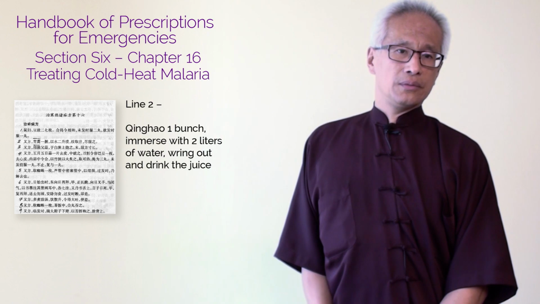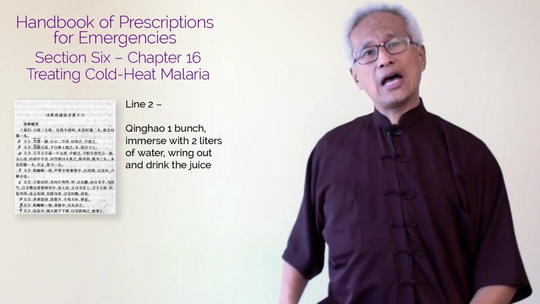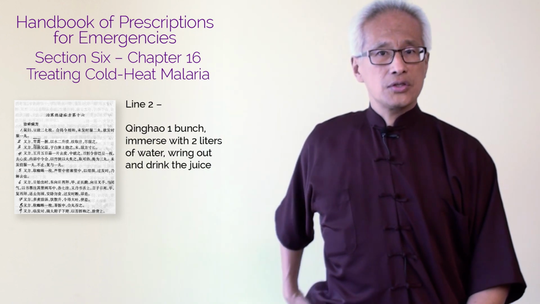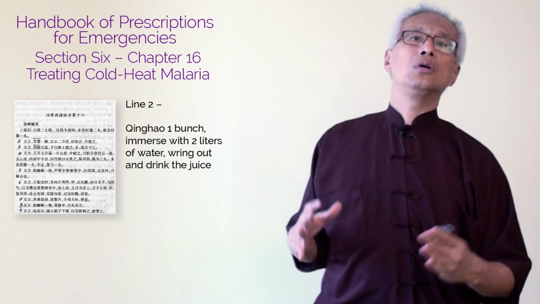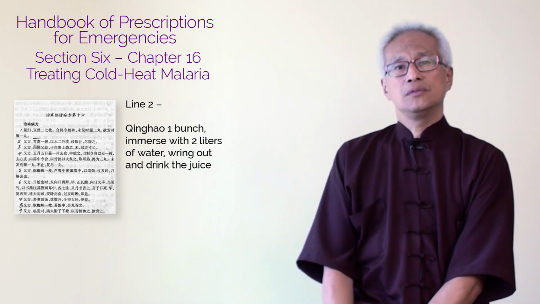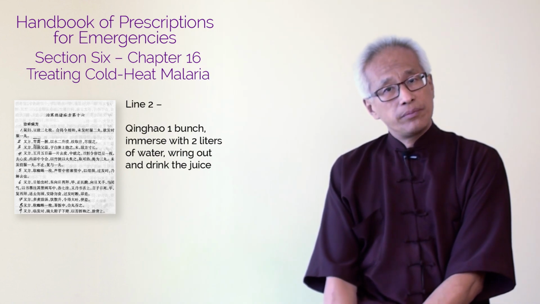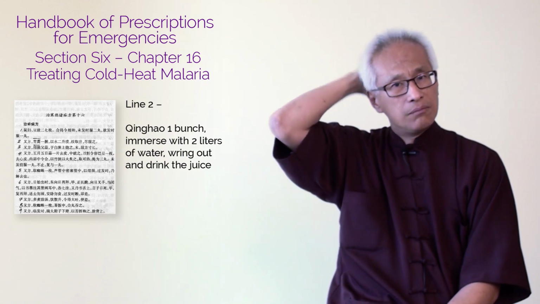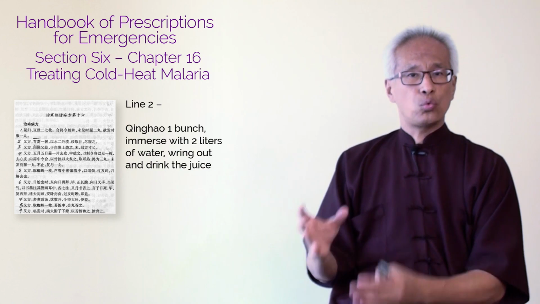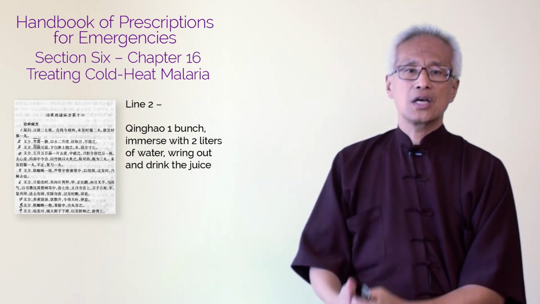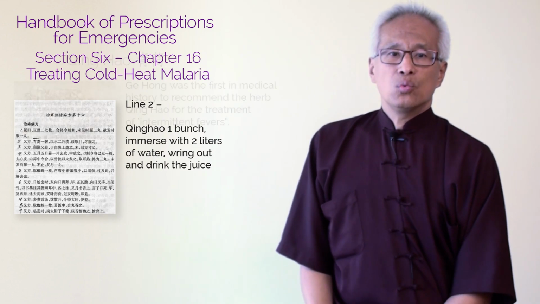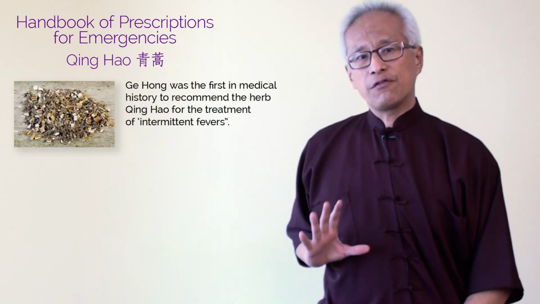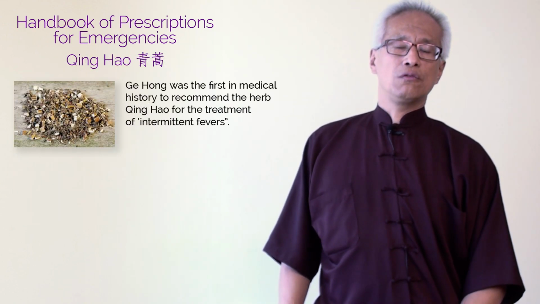And nowadays, Qing Hao is known as the major herb behind the ingredient artemisinin for malaria. So the Chinese have contributed greatly to the treatment of malaria by identifying the right plant for this kind of condition.